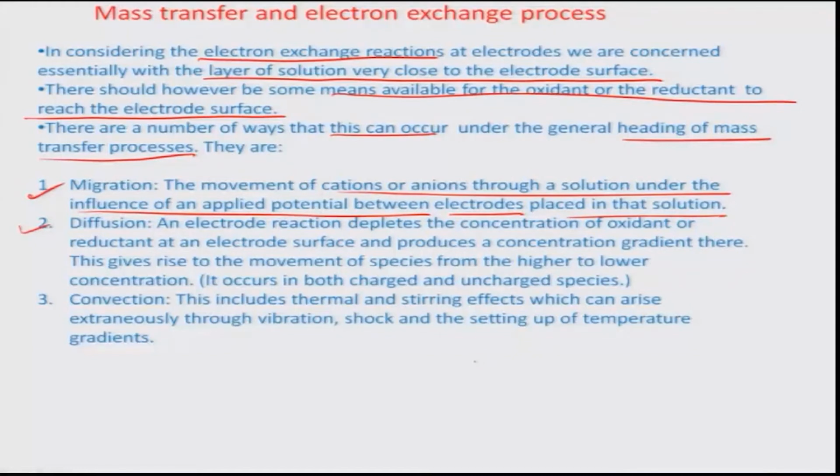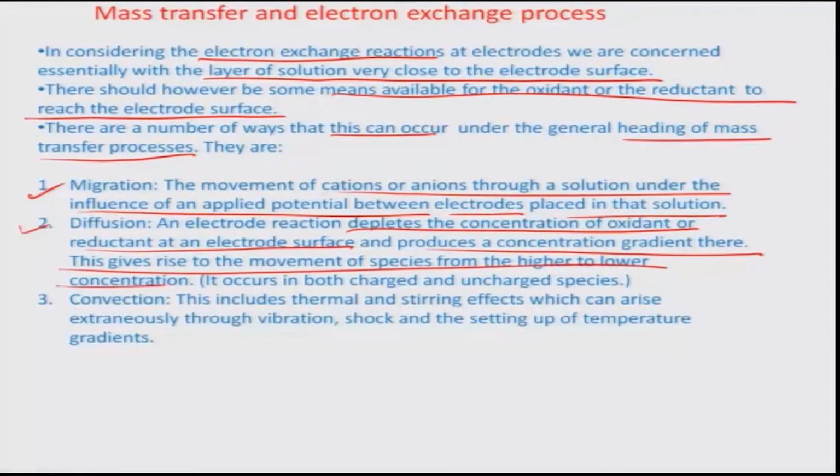The electrode reaction depletes the concentration of the oxidant or reductant at the electrode surface and produces a concentration gradient there. So this gives rise to the movement of species from the higher to the lower concentration. It occurs in both charged and uncharged species. And then we have convection, which is again because of thermal or stirring effects, which can arise extraneously through vibration, shock, or the setting up of temperature gradients within the electrolyte.